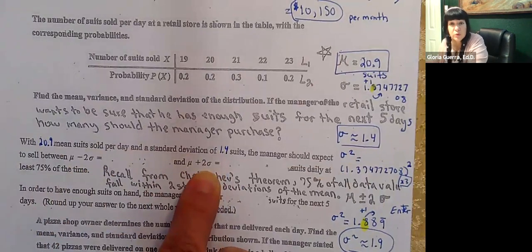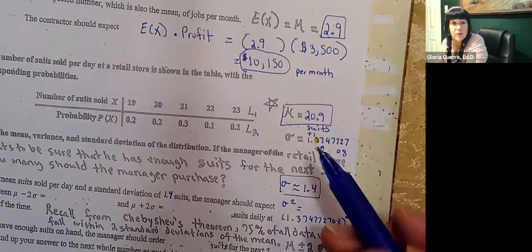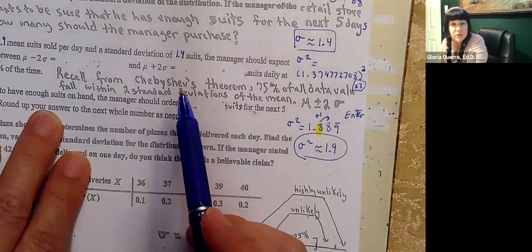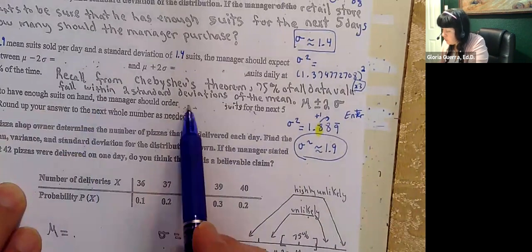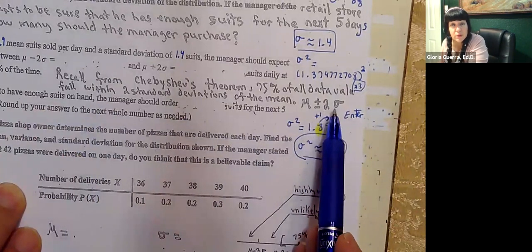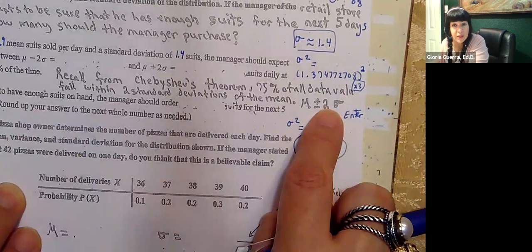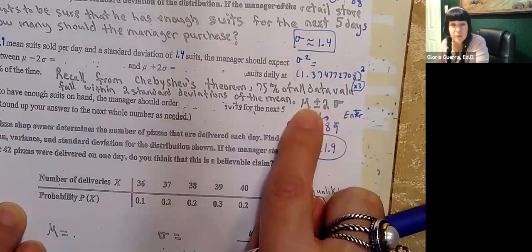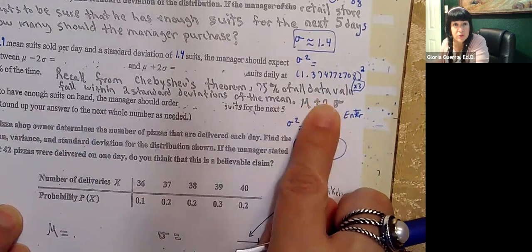Those numbers come from Chebychev. Recall from Chebychev's theorem, 75% of all data values fall within 2 standard deviations of the mean, mu plus or minus 2 times sigma. Remember, this was x bar, k, and s in chapter 3 when we had raw data, but now we have random outcomes, so that's why we're using Greek letters.